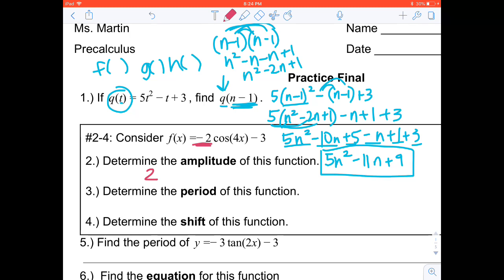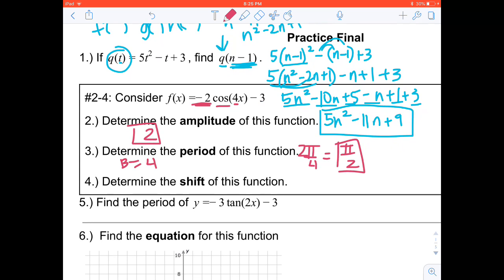The period of a cosine function and a sine function is 2 pi over the absolute value of b. b is the number that multiplies x. So in this case, our b is 4. So our period is going to be 2 pi over 4, which is going to equal pi over 2.